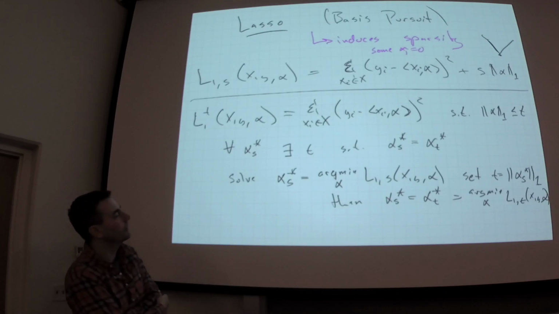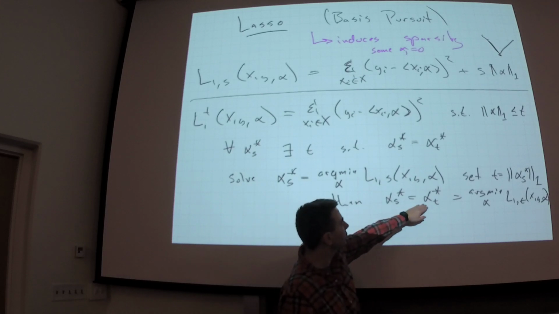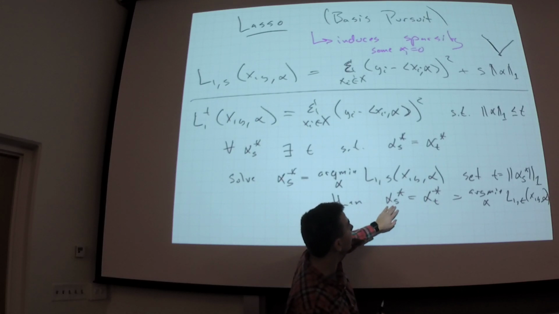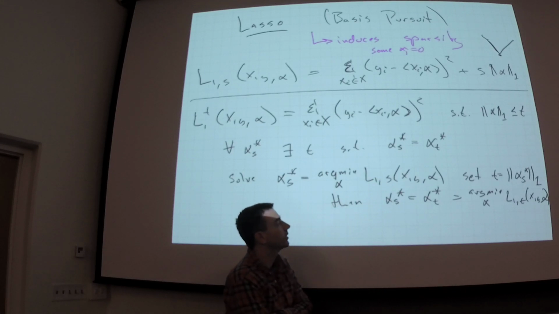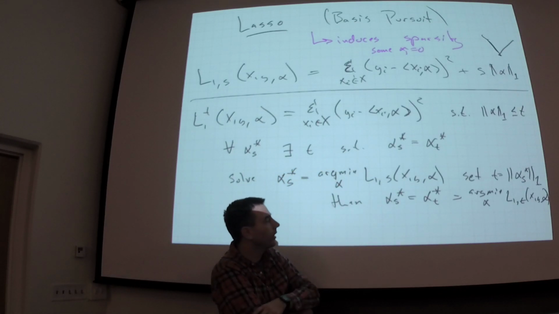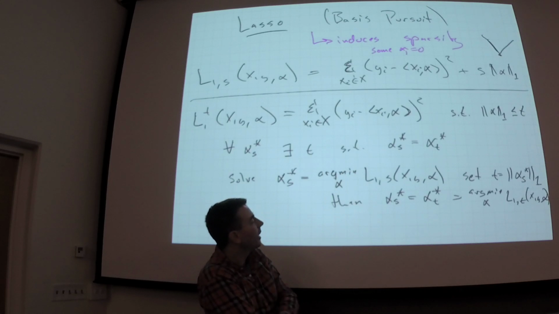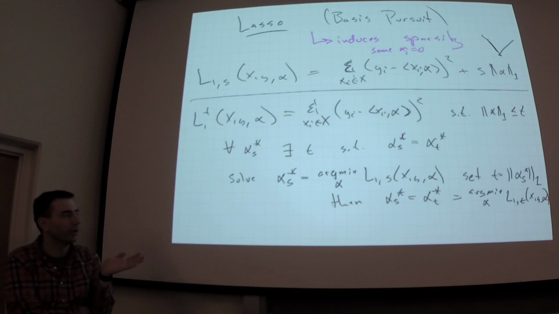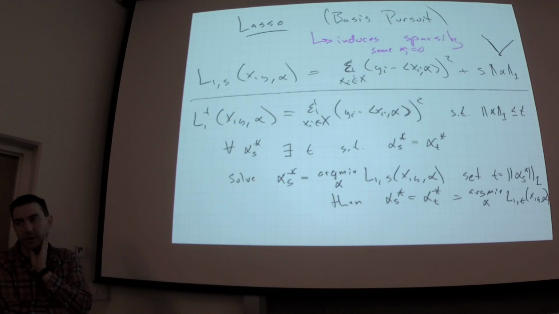Because if there was another solution that had the same norm, it would have to have a larger least squares value, because this was the one that minimized the least squares formulation with this L1 constraint. So of all the ones with this norm, that's the best solution.